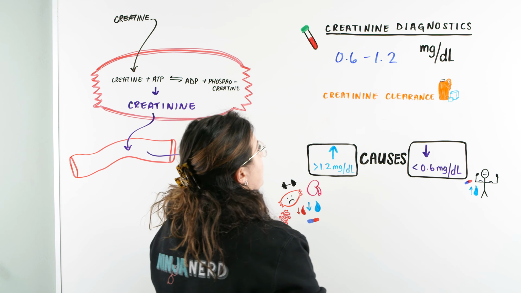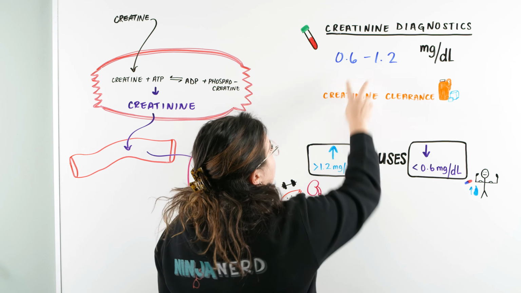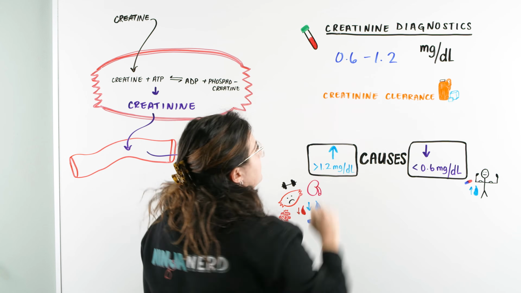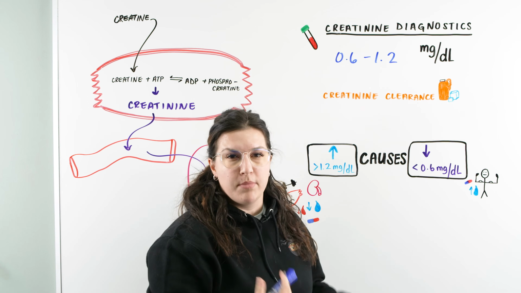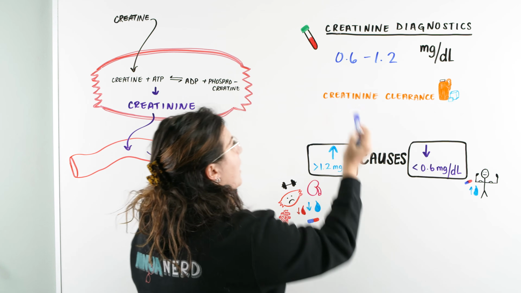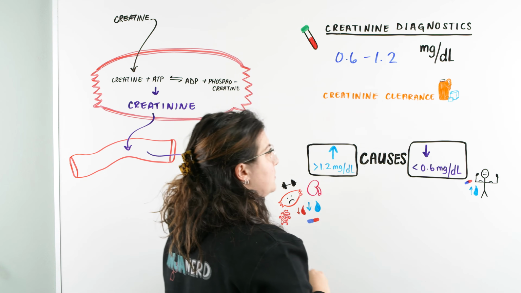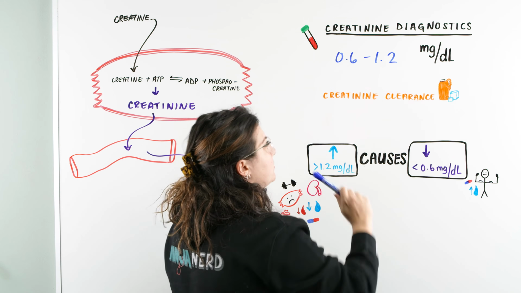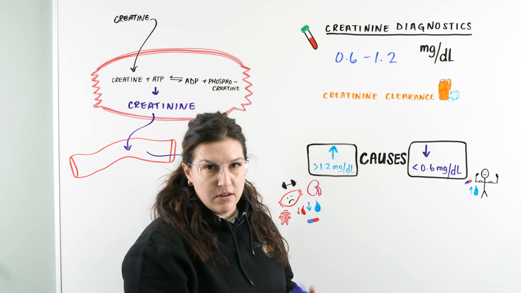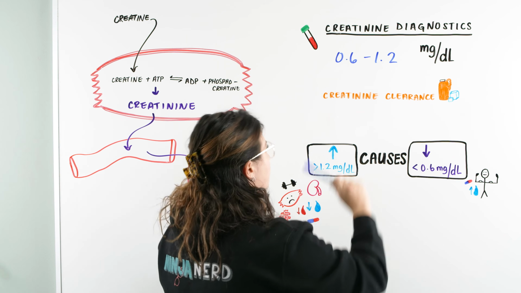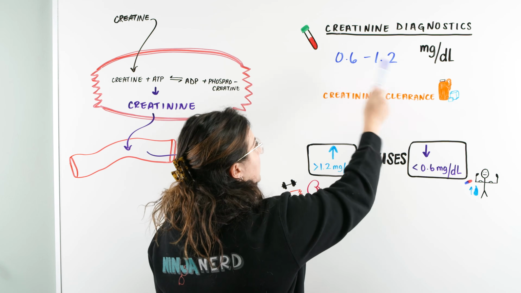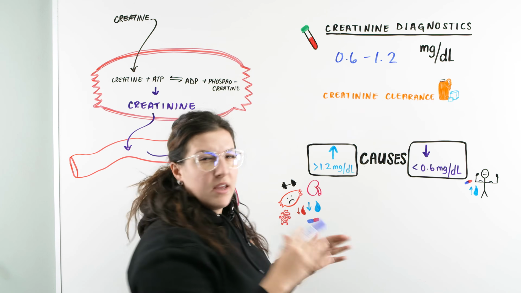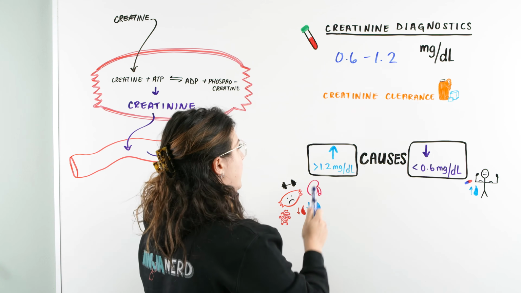Patients that have this have a normal level. It's normal to have some creatinine within the blood, because it is a byproduct that we're getting rid of. But if it were out of that range, that's where we could have some issues. Granted, this range could be a little different per person, per facility, male, female, elderly. So just keep in mind this is the general range that we use, but it can be slightly different.